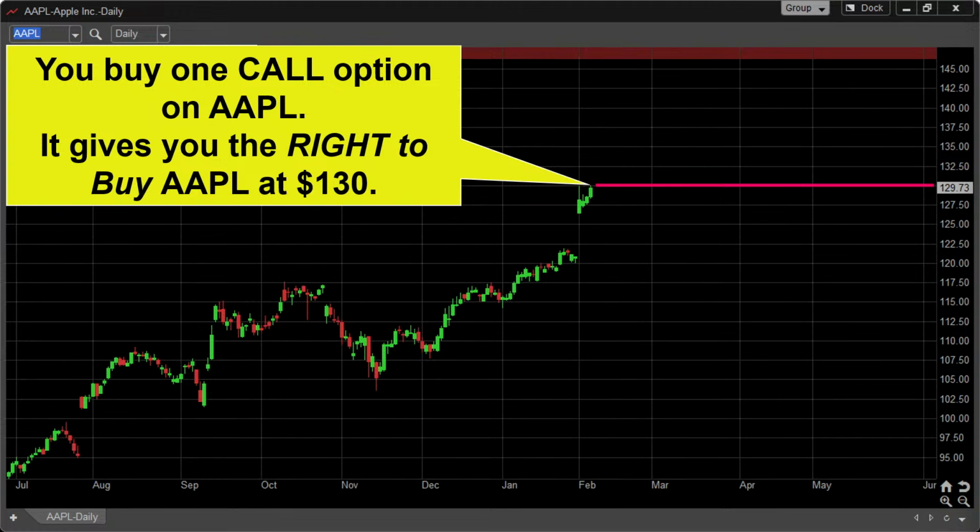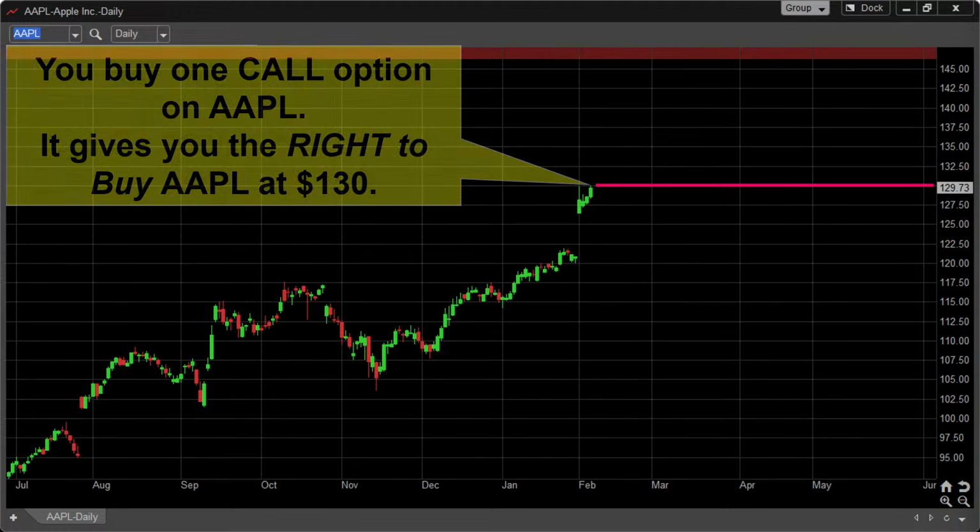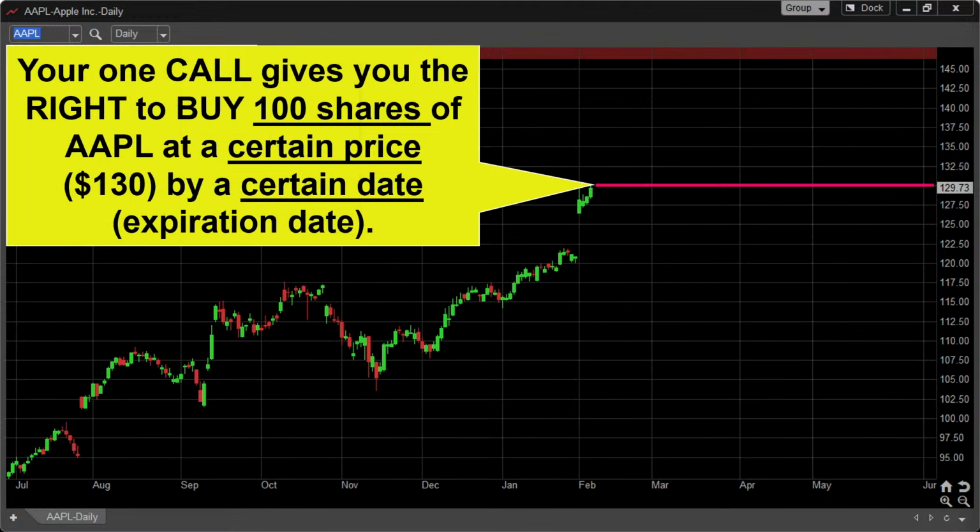And in our example, we're choosing $130. Where does that come from? Well, when you buy your call, it's going to give you the right, and there's going to be some terms and conditions on this. It's called a call contract. First part is when you buy one call, each call contract controls 100 shares. So you buy one call, it gives you the right to buy 100 shares of Apple.